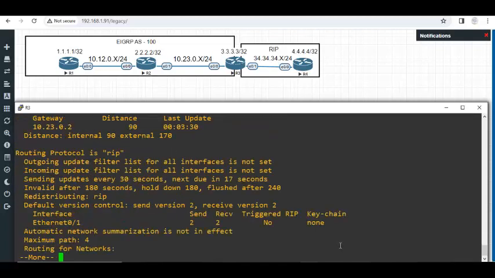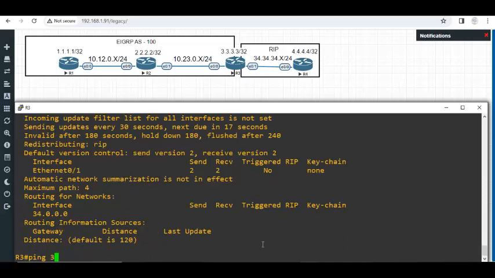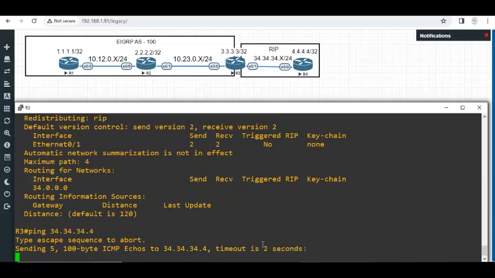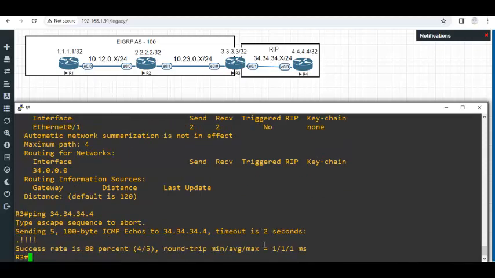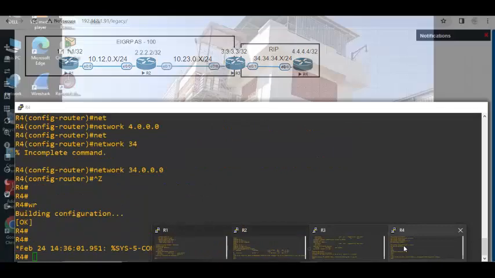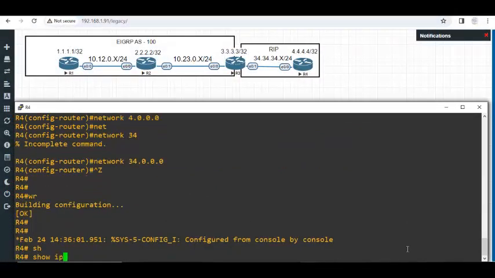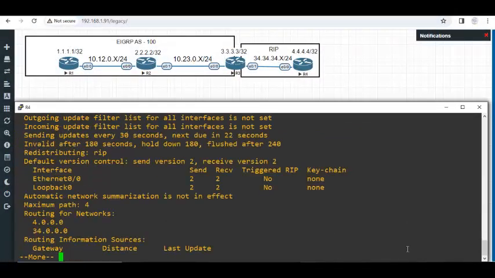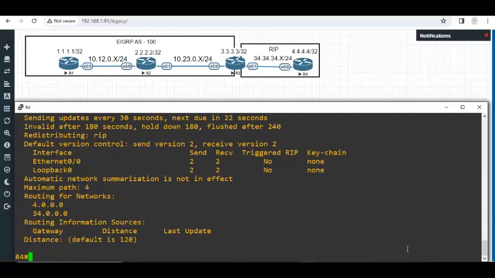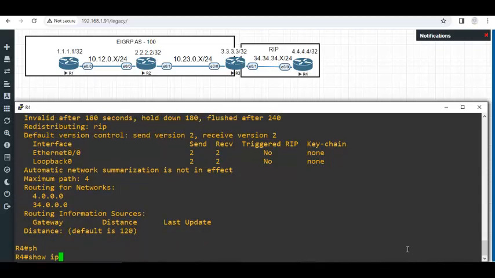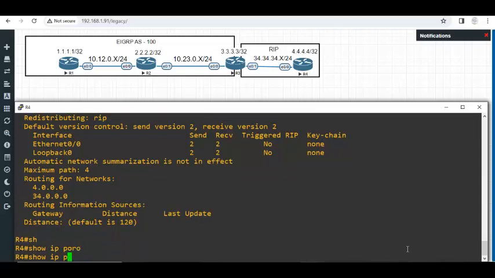This is the problem, it's pinging now. What happened?